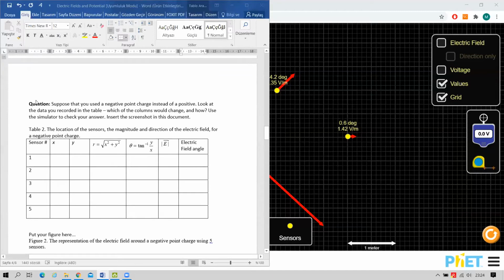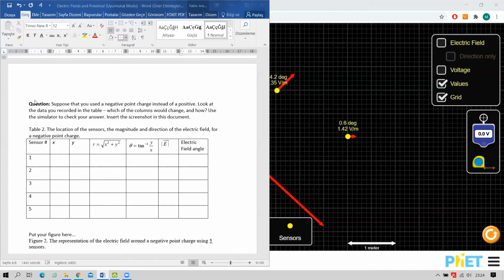There is one more question for the first part. The question is: suppose that you use a negative charge instead of a positive charge and look at the data you recorded in the table, which of the columns will change and how? And use the simulator to check your answer.